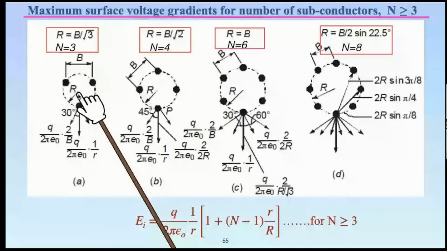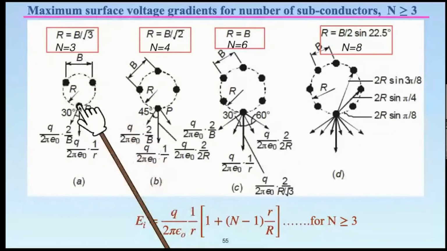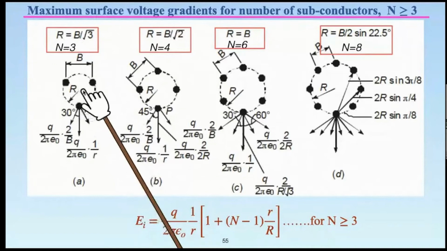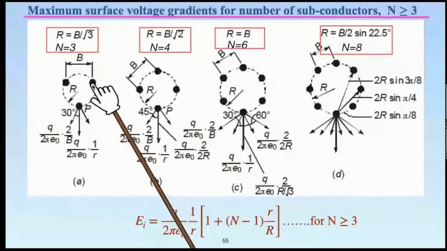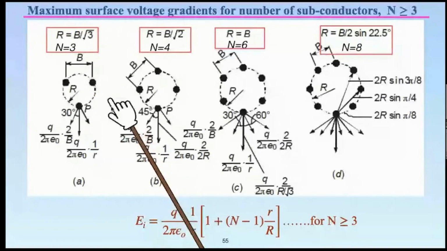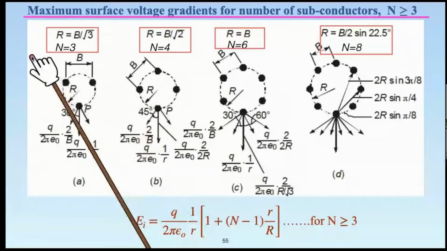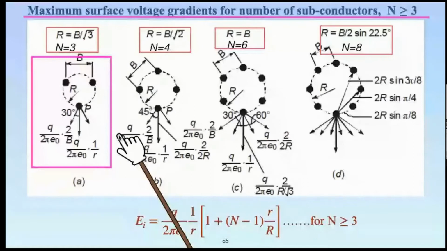So this is by the geometry of this particular equilateral triangle. R is the distance from the center of the triangle all the way up to the corner or a subconductor. So this scenario will be there for n equal to 3. So kindly focus your attention on this particular first configuration, where separation is B and the radius is R. This is very important.